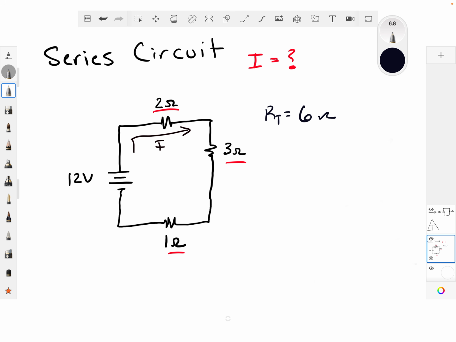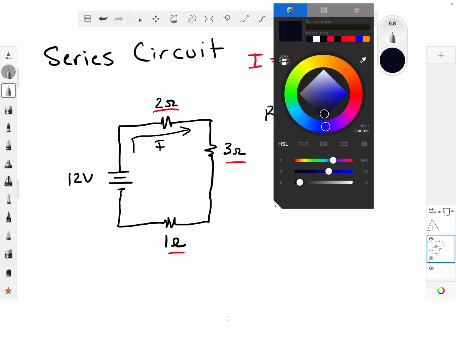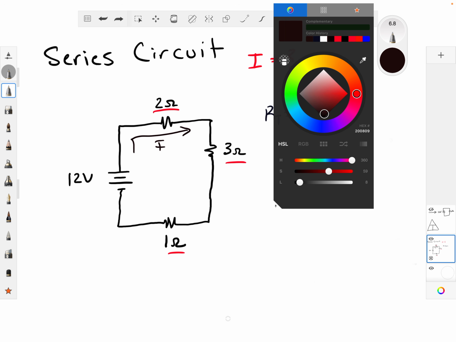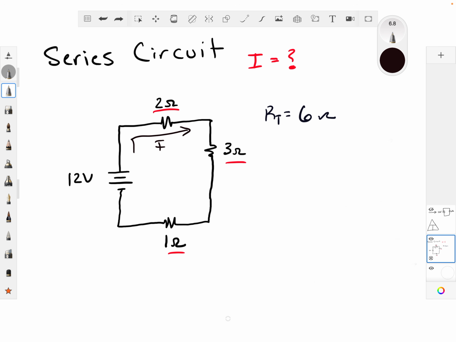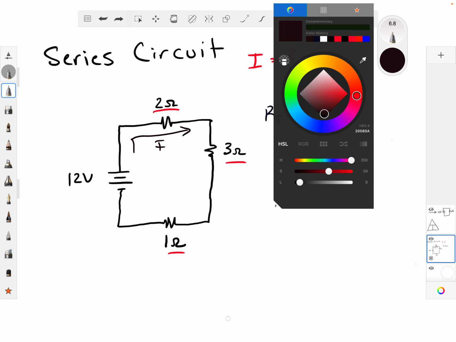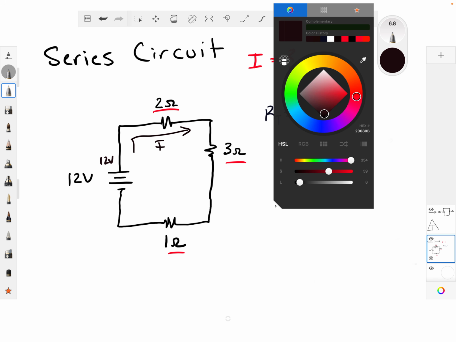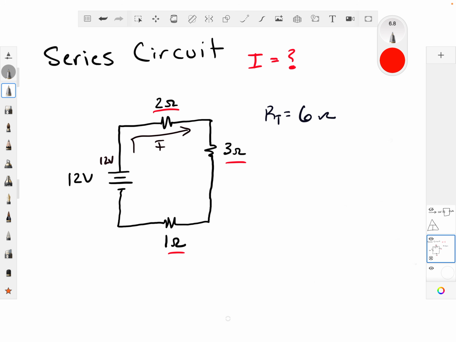All right. So what's happening is we do know that the top of this battery is 12 volts, right? So we have 12 volts here. 12 volts here.